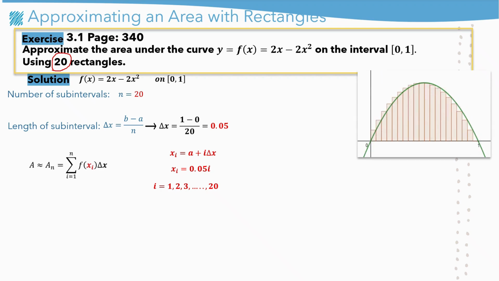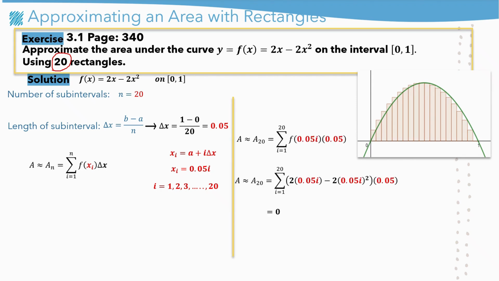And what about your area using sigma notation? When you enter in the calculator with your replaced xi, which is 0.05i, if you notice here, replace all your x with 0.05i. You will be receiving it as 0.3325.